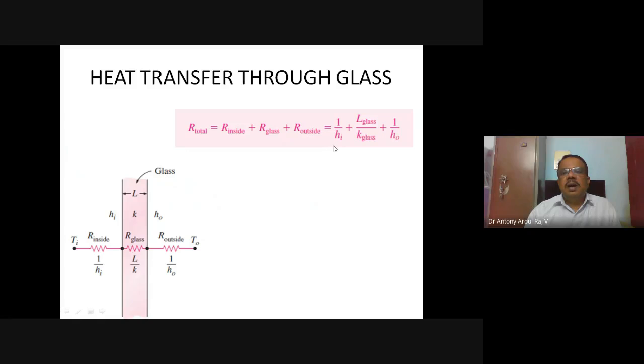It is the thermal resistance outside, that is convection resistance outside, plus convection resistance inside, plus the conductive resistance of the glass, that is L by K of the glass. If I add these three things, I get the total resistance. I take the reciprocal of that, 1 by R total, and it gives me the overall heat transfer coefficient for the glass. That is how I can find out how much heat is lost from or gained by a building using that U value by conduction.